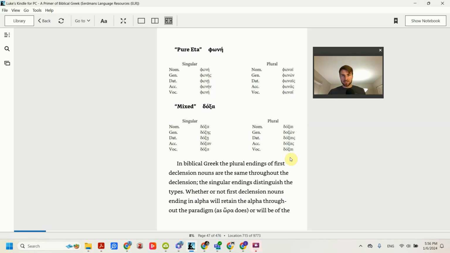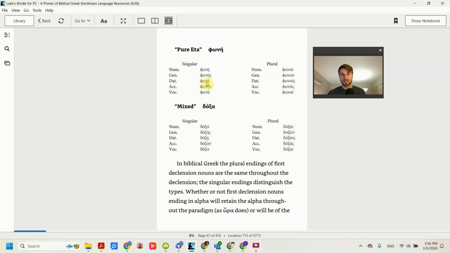If you compare these though, the endings are still the same. So the only thing that is changing is the eta or the alpha. But notice here, there's no letter on the end of these. In the genitive, there is a sigma stuck on the end. In the dative, if you can see it, there's an iota subscript, which isn't pronounced, but you'll see this in datives in all noun forms.